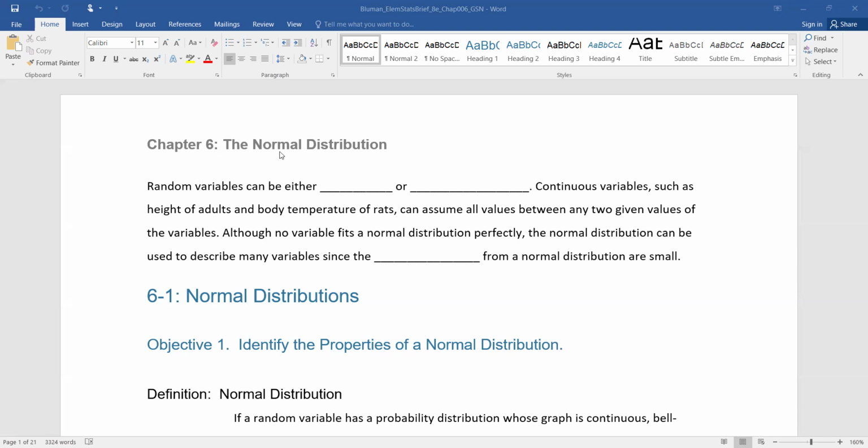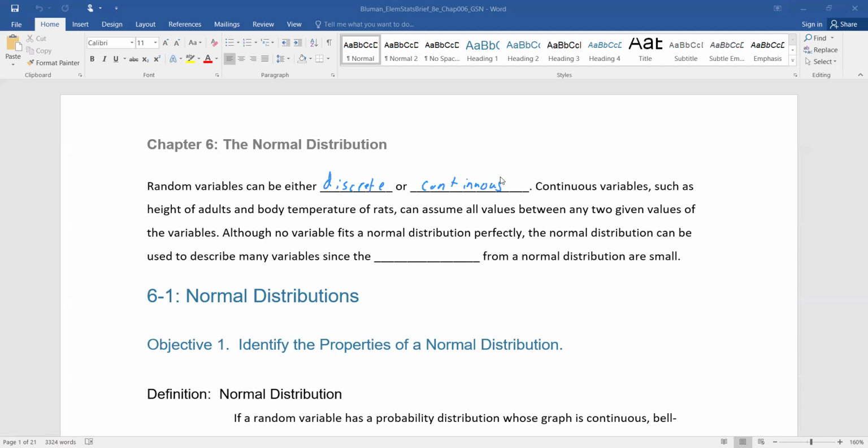So a random variable can be either discrete or continuous. A little bit of review of what we've seen so far. Continuous variables, such as heights of adults and body temperatures of rats, can assume all values between any two given values of the variables.